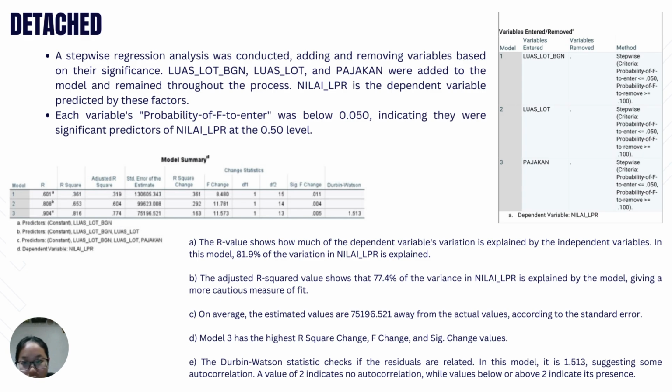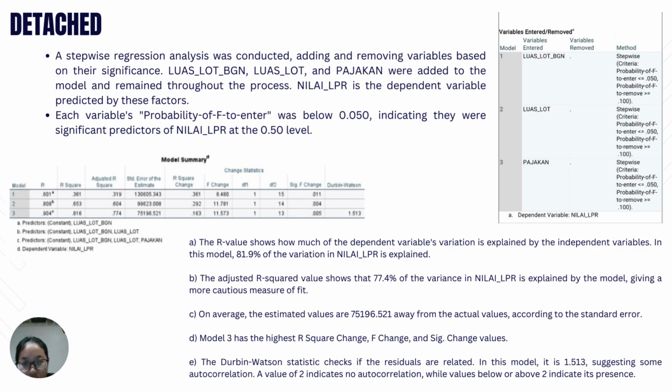Now we are going to talk about the model summary. The R value shows how much of the dependent variable variation is explained by the independent variables. In this model, 81.9% of the variation in nilai LPR is explained.